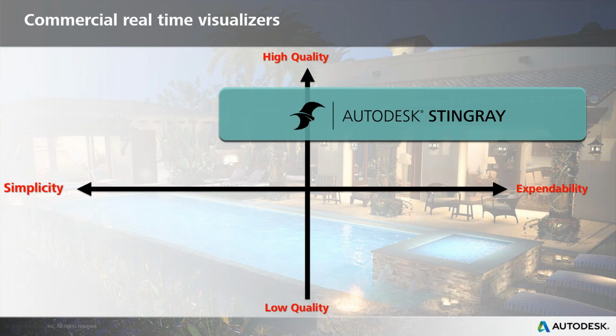So this is definitely the quadrant which Mohammed was asking about, and this is where Stingray really exists today. It is high quality, very much expandable, and it's in a different league altogether. It covers both the simplicity factor as well as high quality, and it will add a lot of power to the end user.